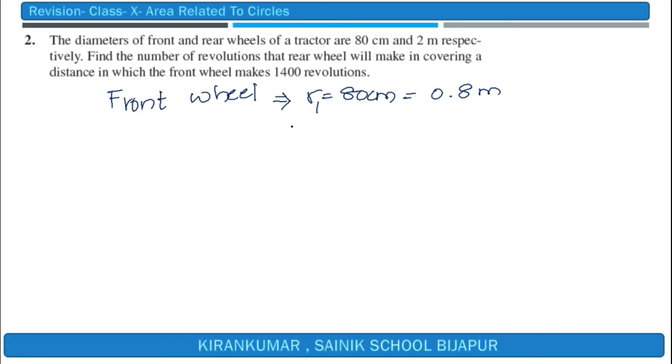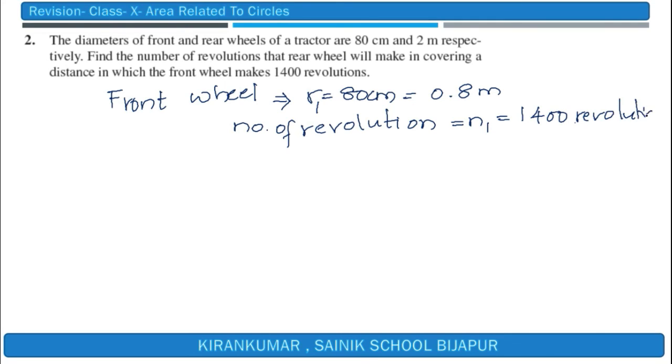And the number of revolutions it is making, I'll call this N1. This is 1400 revolutions. For the rear wheel, the radius, I'll call it R2. They have given it as 2 meter. I need to find the number of revolutions.